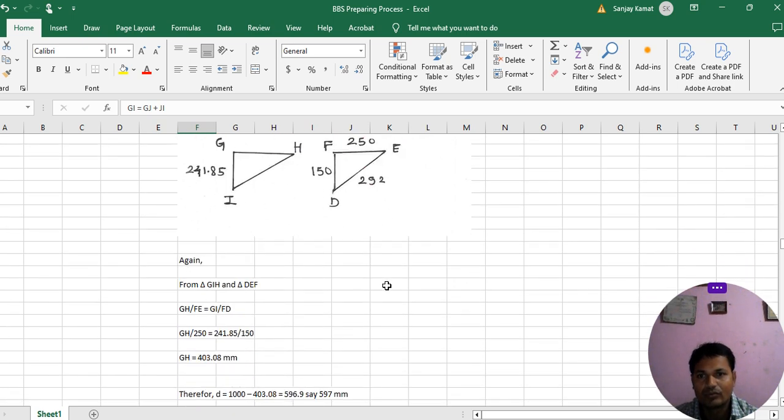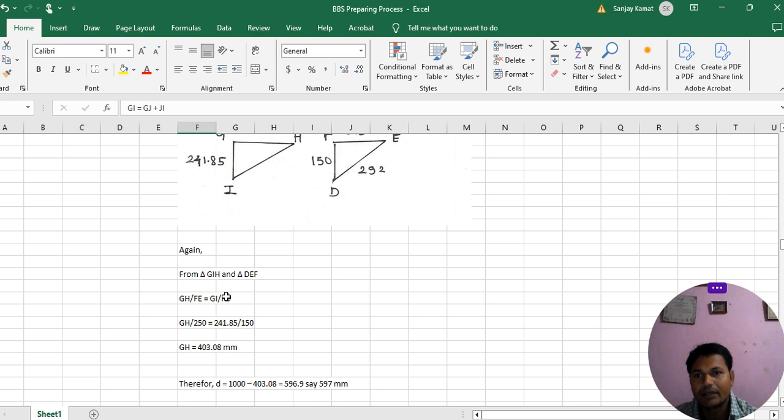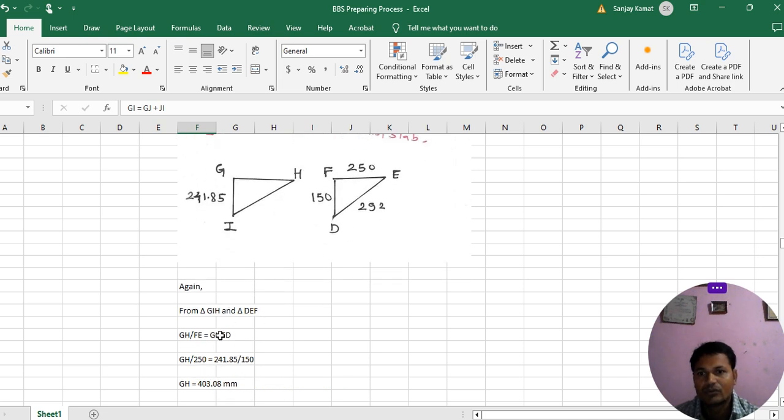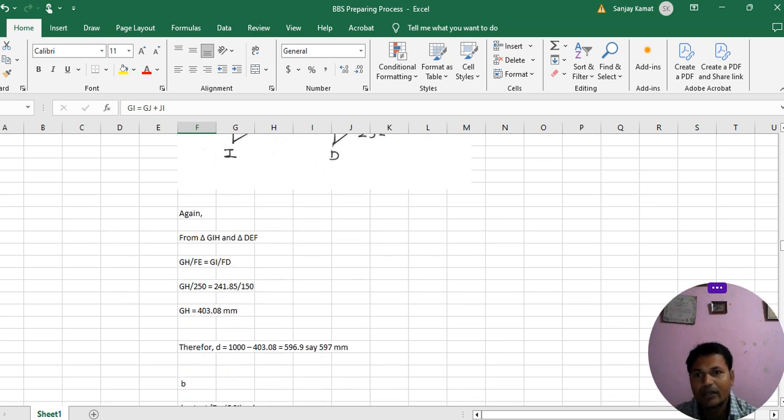In this figure, in triangle GIH and triangle DEF, we can write GH by FE is equal to GI by FD.